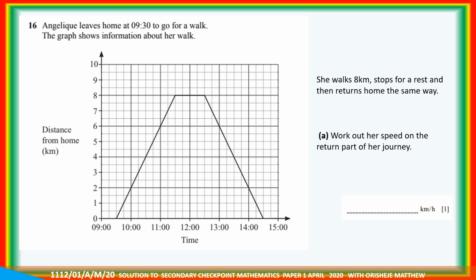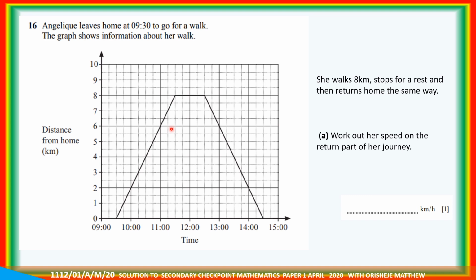Whenever you have a distance time graph, a flat part means that the person stopped moving. Here she stopped moving within this time. So she left the house, walked 8 kilometers to the top, stopped for a rest and then returned home the same way.